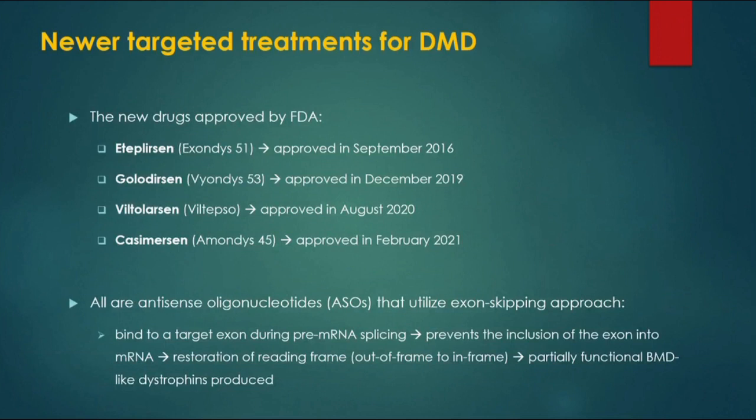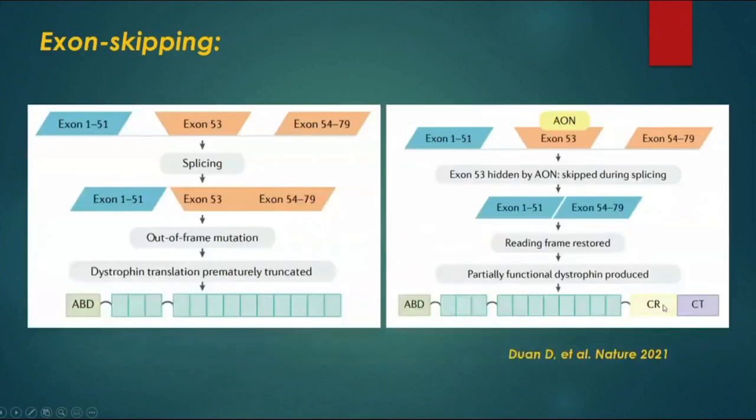So exon skipping means they bind to the exon in pre-mRNA and exclude it from splicing so that the out-of-frame mutation can become in-frame. So that is the idea. So restoration of the reading frame leads to partially functional BMD-like, the Becker muscular dystrophy-like, dystrophin being produced. So they have some dystrophin produced, not complete, but still functional, better than having nothing.